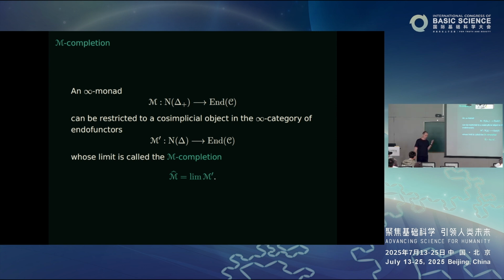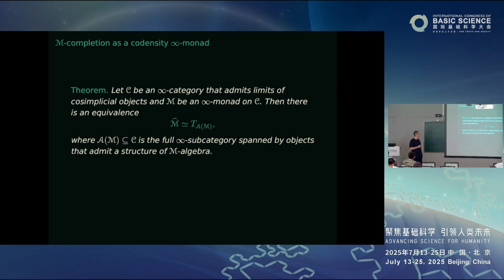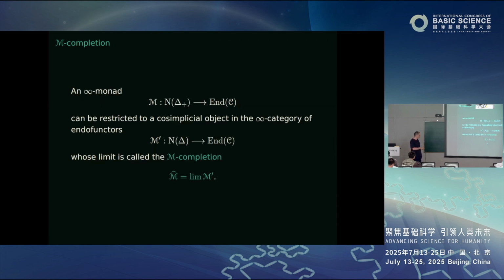It depends on how you think about totalization, but maybe it is better to say that it's homotopy totalization because there are different approaches to the notion of totalization which are not equivalent to each other. So this limit is just the same as the homotopy totalization of a cosimplicial object exactly.